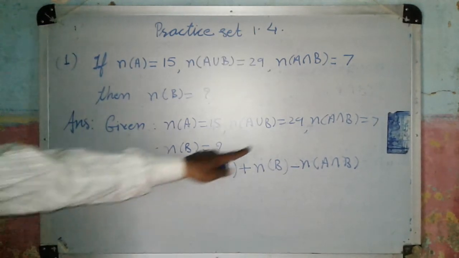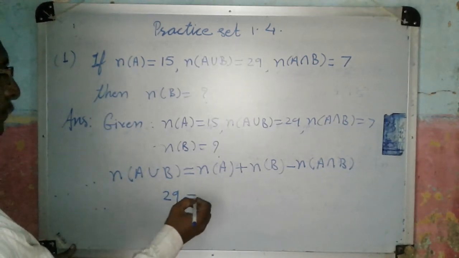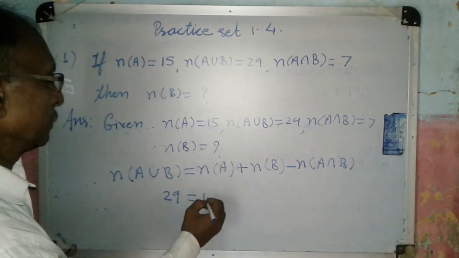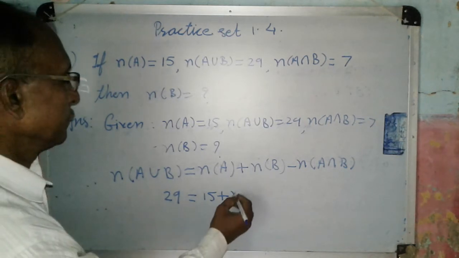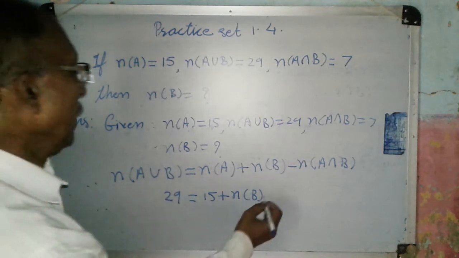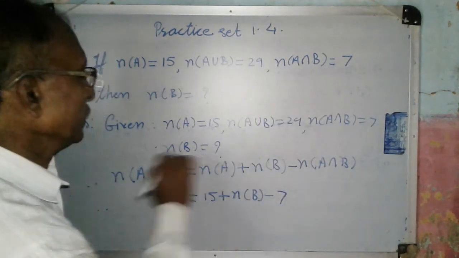Number of A union B is given 29. Number of A is equal to 15. We have to find number of B as it is, minus number of A intersection B is equal to 7.